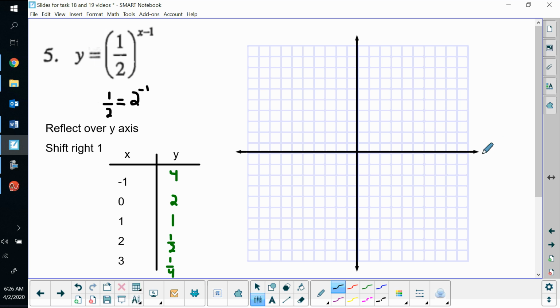Draw your XY axis and put in a scale. Again, for x's we only have to go from -1 to 3. For y's we're only going up to 4, so you don't have to make too many markings. We got -1 and 4, 0 and 2, 1 and 1, 2 and 1/2, and 3 and 1/4.